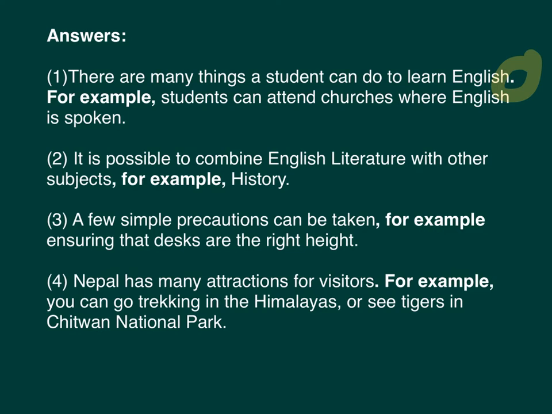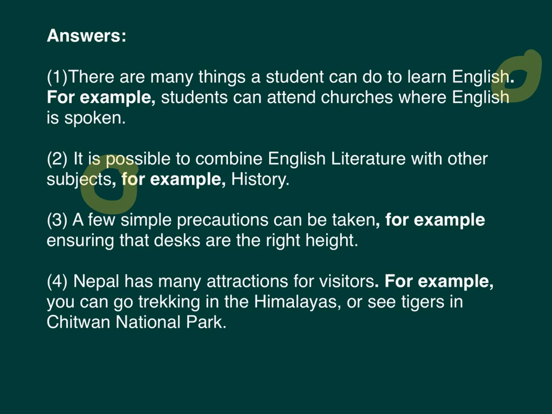Answer number 2. It is possible to combine English literature with other subjects, comma, for example, comma, history, period. Unlike the first answer, where there is a full sentence after, for example, in this particular scenario, history is actually just one of the items that is possible to combine English literature and is not written in a full sentence.